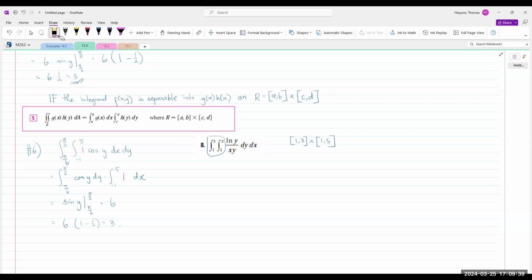Now the function is separable. Natural log of y over xy can be rewritten as 1 over x times natural log of y over y, right? So because of that, I can separate this iterated integral into the product of two single variable integrals: the integral from 1 to 3 of 1 over x dx times the integral from 1 to 5 of natural log of y over y dy.